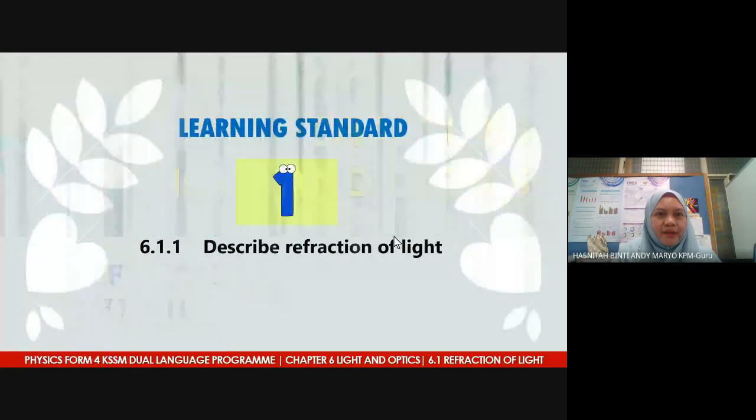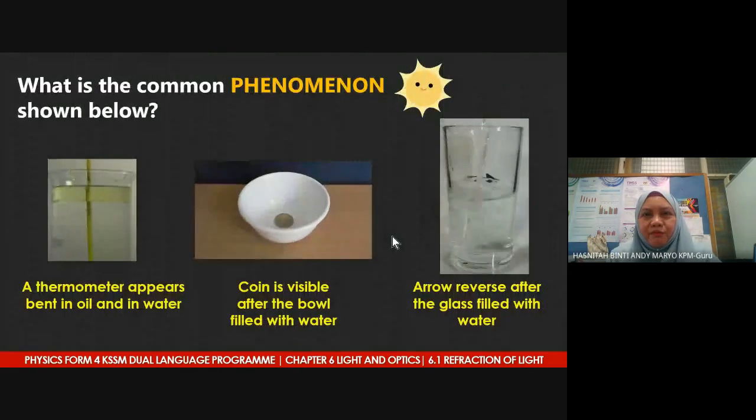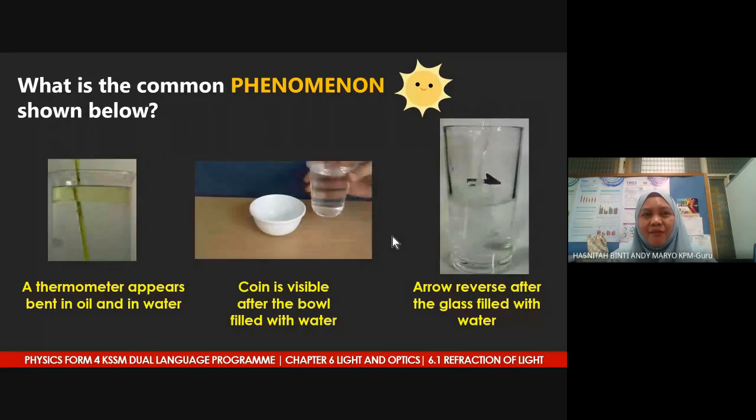Our first learning standard is 6.1.1, to describe refraction of light. Before we go to the definition for refraction of light, let us take a look at three examples of simple daily phenomena first. Later you can try on your own.